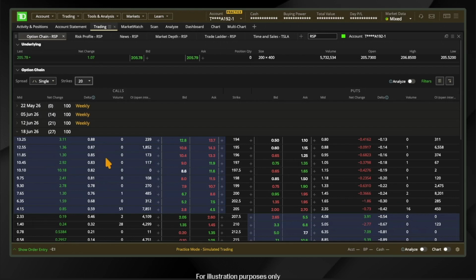Delta also acts as a proxy of the probability of an option expiring in the money. So for example, this 195 strike that we have here represents an 87% chance that this will expire in the money. Conversely, if we look at the $205 strike call, this has a delta of 59 or 0.59, and that means there's a 59% chance that this strike price will expire in the money.